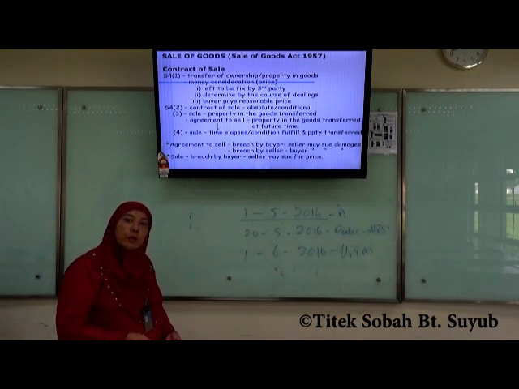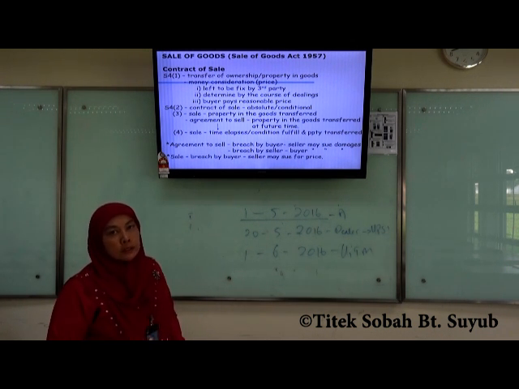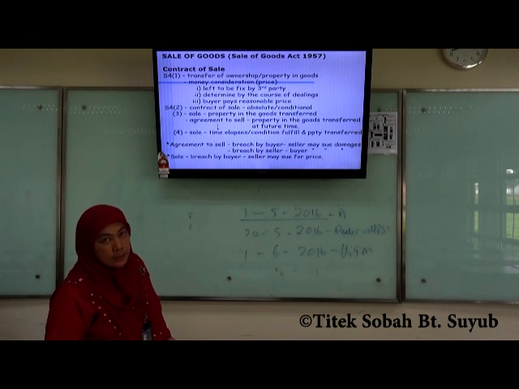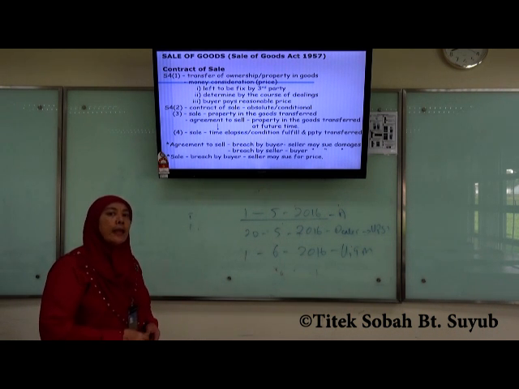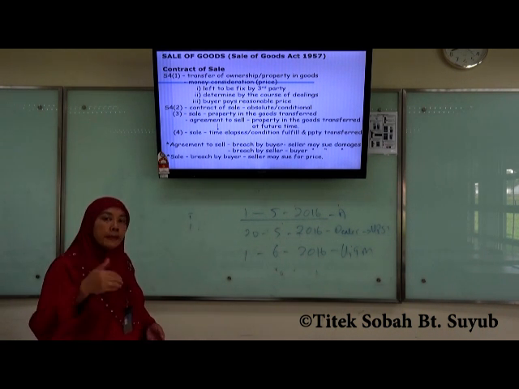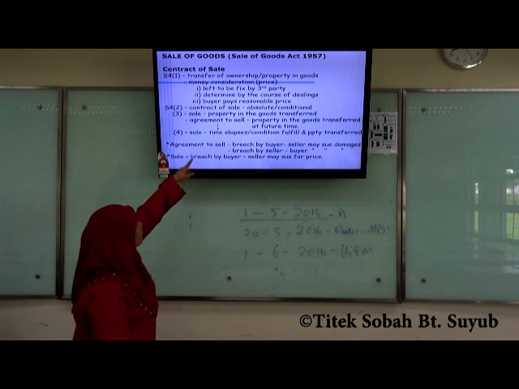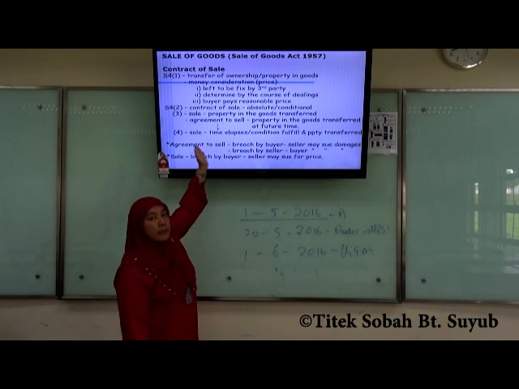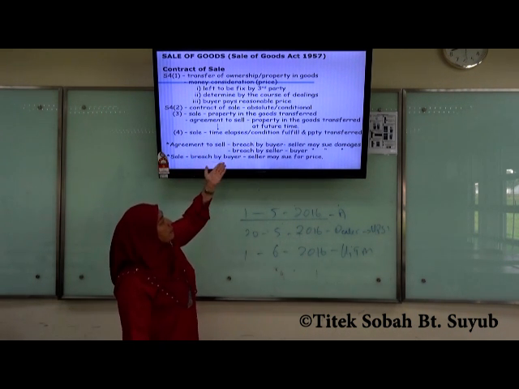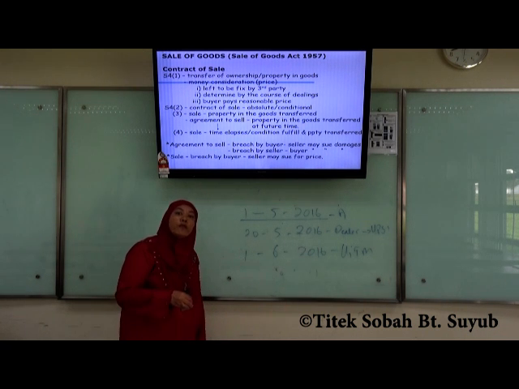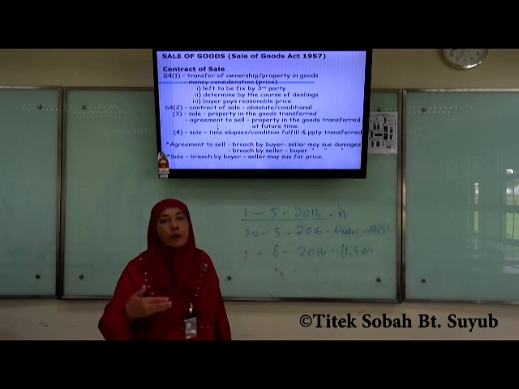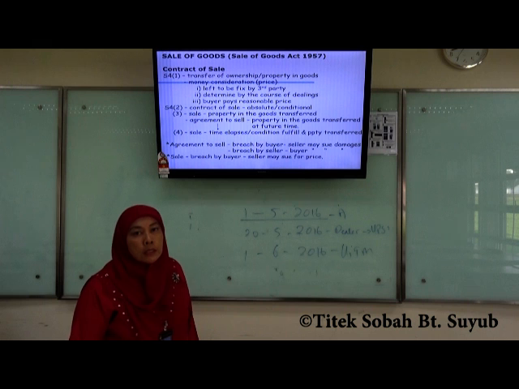So meaning the goods need to be manufactured. They need to be produced first. So this agreement to sell, later on, will become a sale. That's why I draw an arrow here. It becomes a sale when time elapses or the condition has been fulfilled by the seller and the property can now be transferred to the buyer.